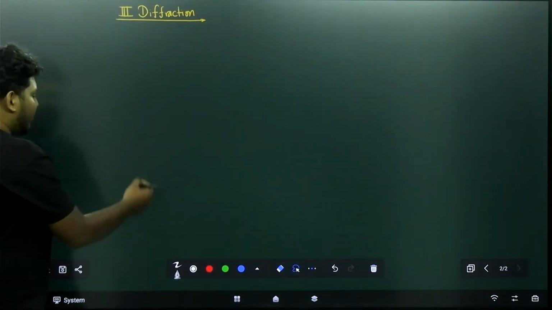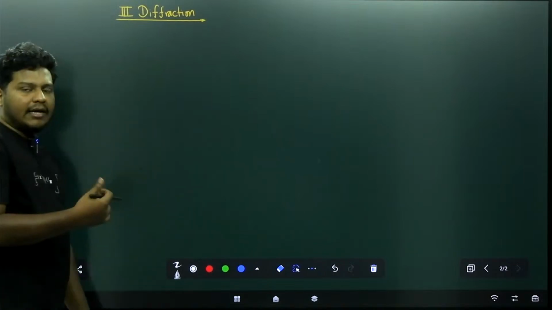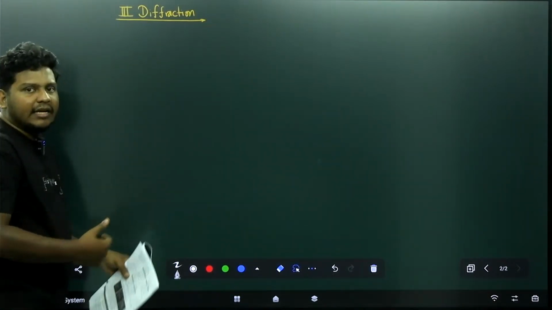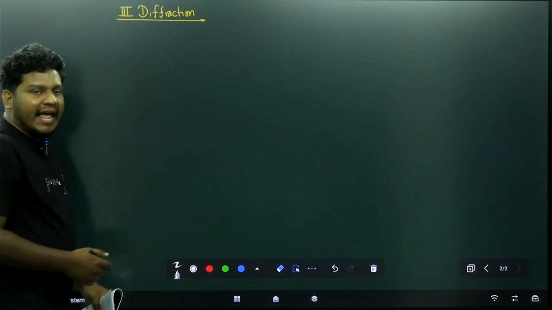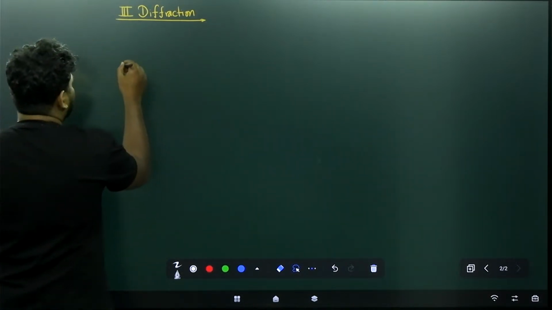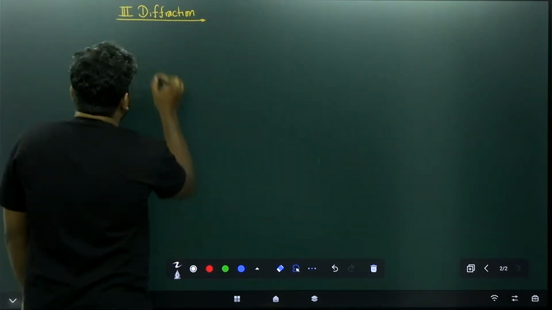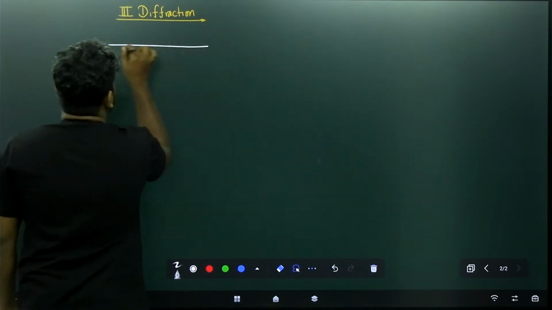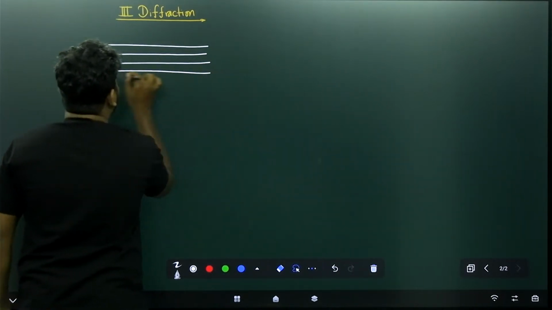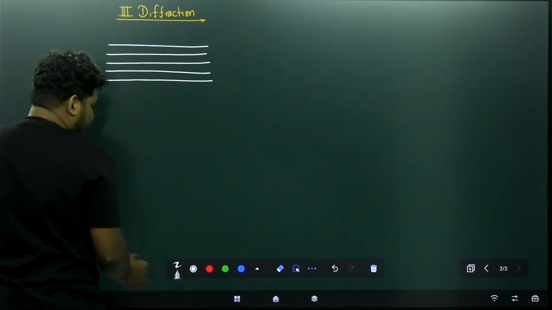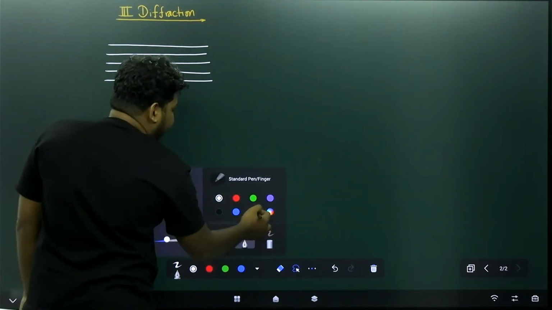So first of all, we can create barriers in the ripple tank. The parallel waves are coming here, guys. I'm marking like this. The parallel waves are coming like this. I am creating a barrier here.